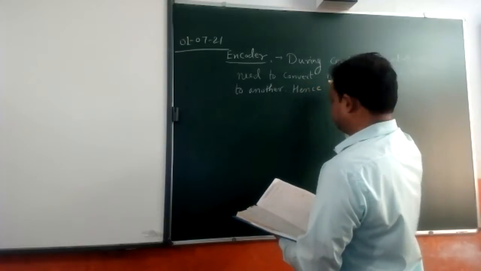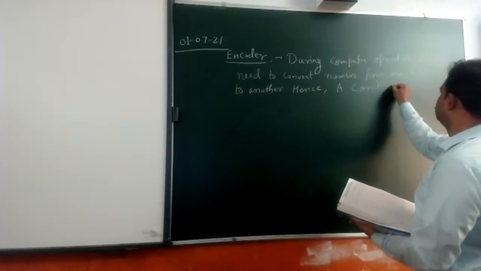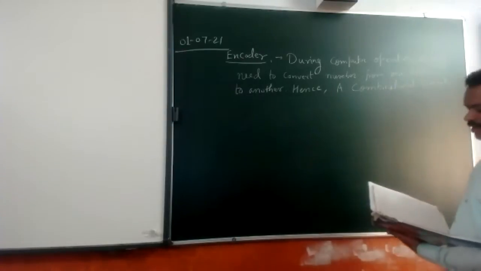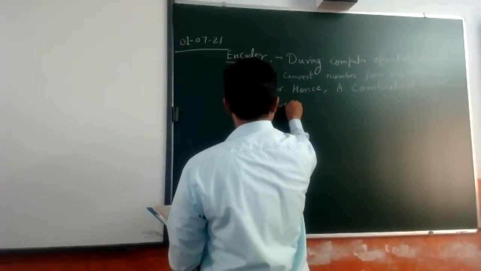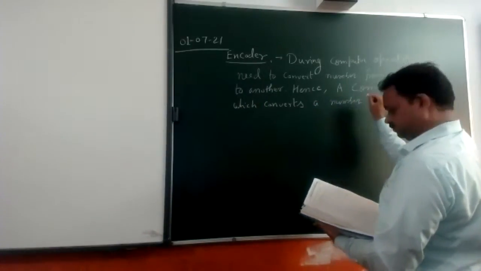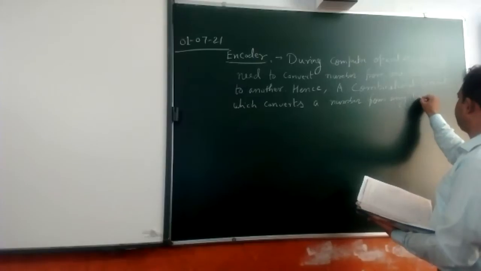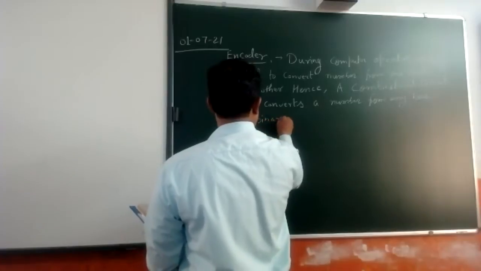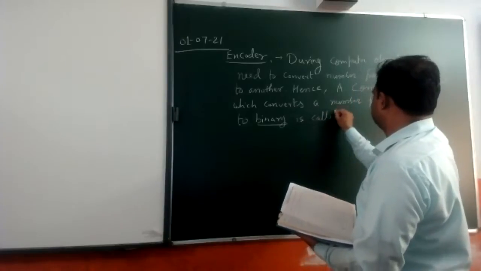Hence, a combinational circuit which converts a number from any base to binary is called an encoder.